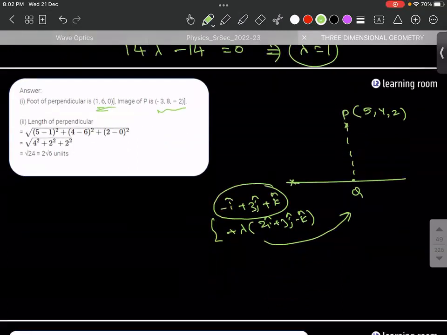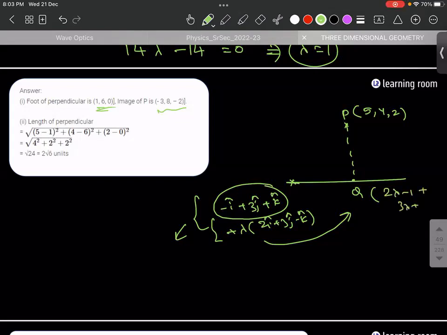The position vector of Q is this whole thing. So you took it as (2 lambda minus 1) I cap plus J cap and so on, which for some value of lambda will satisfy, right?